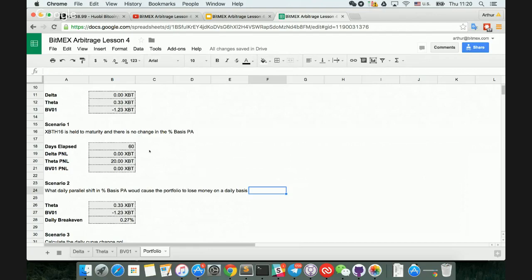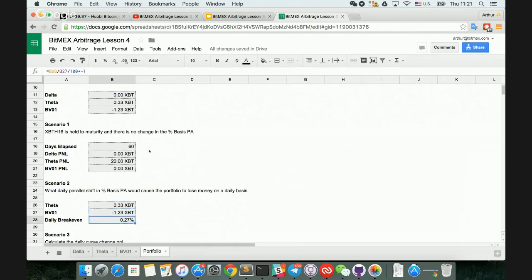What is the break even? I.e., if rates were to rise, what's a daily rise in rates that would cause you to break even on a daily basis? So we're making 0.33 Bitcoin each day that elapses, and you have this negative BVO1.